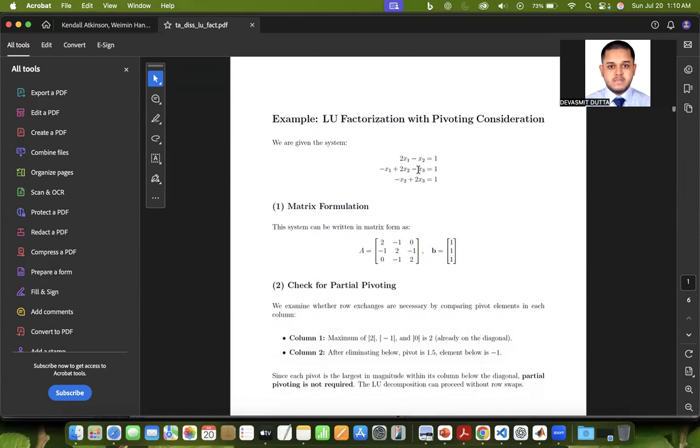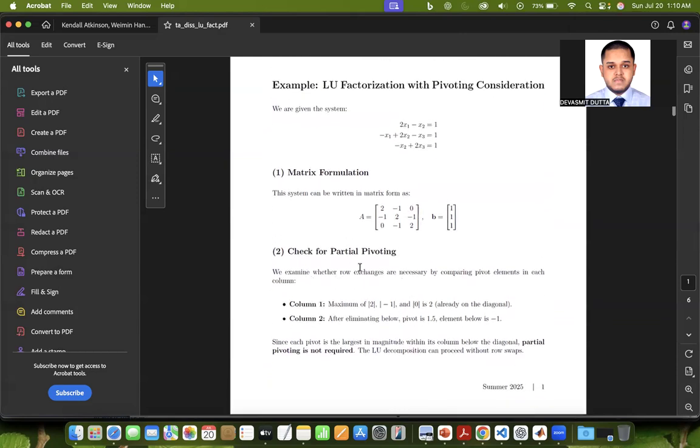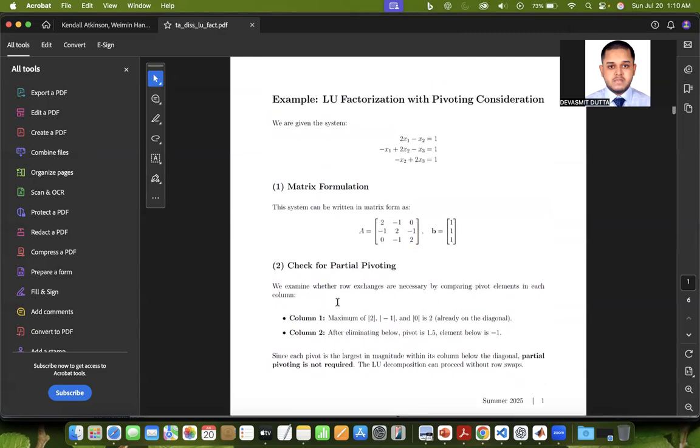So let's write it in a matrix vector format where the vector of unknowns is x1, x2, x3. The right hand side is just 1, 1, 1. The A matrix is represented by this, right? And as I mentioned, we examine where row changes are necessary by comparing the pivoting elements in each column, right?